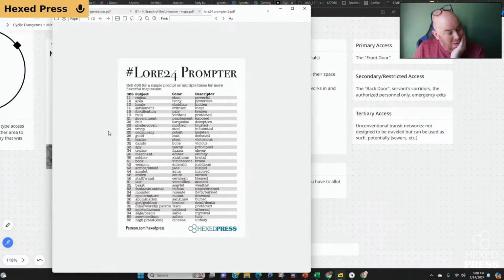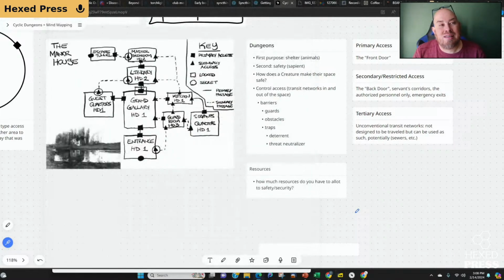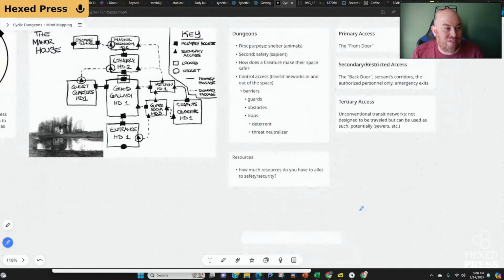I'm really trying to get this dungeoneering bit done ASAP. I know, famous last words, I guess, is the phrase that comes to mind.